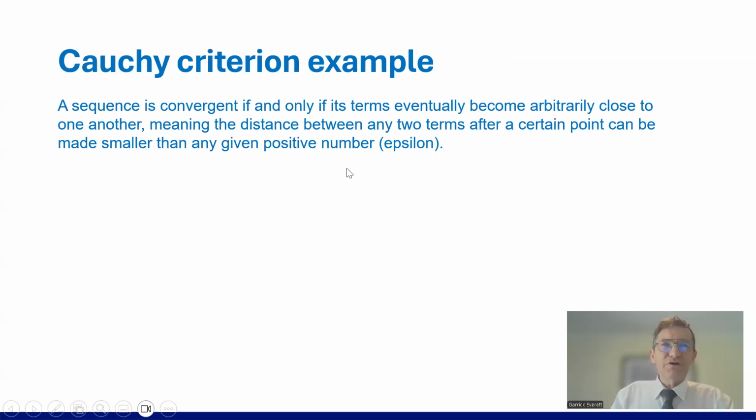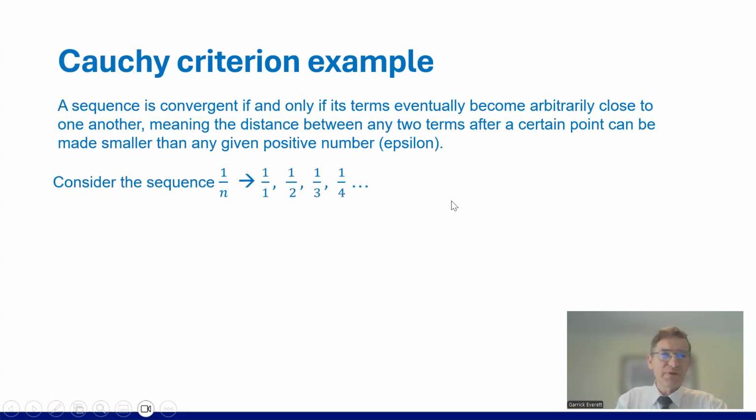And a Cauchy criterion example. A sequence is convergent if and only if its terms eventually become arbitrarily close to one another, meaning the distance between any 2 terms after a certain point can be made smaller than any given positive number, epsilon. So let's consider 1 over n: 1 over 1, 1 over 2, 1 over 3, 1 over 4, and we're going to show this is Cauchy. It's very simple.